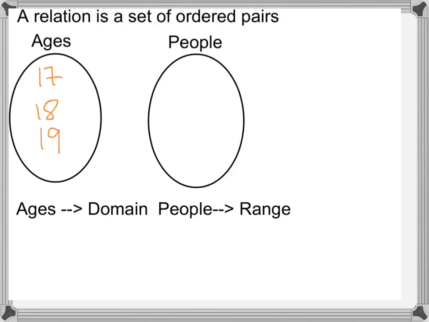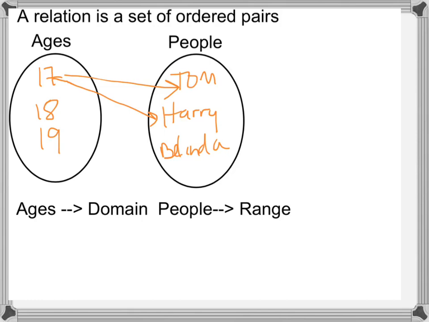So let's say that we had a couple of people. Let's say that we had Tom, and Tom is 17, and let's say that we had Harry, and Harry is also 17, and let's say that we had Belinda. Let's say Belinda is 19.